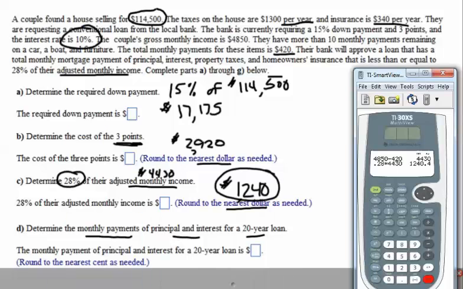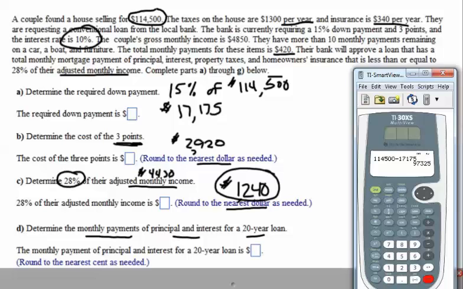So remember, the house is selling for $114,500, and we want to subtract off the down payment of $17,175. So our mortgage will be for $97,325.